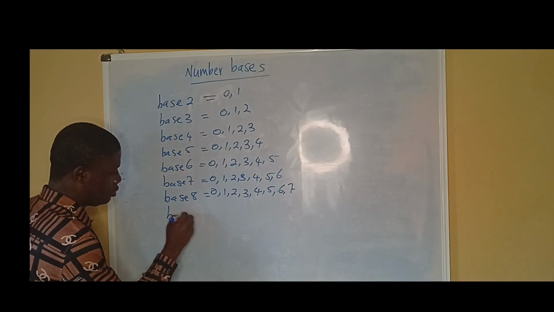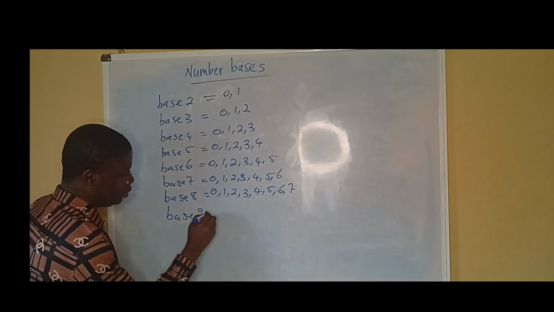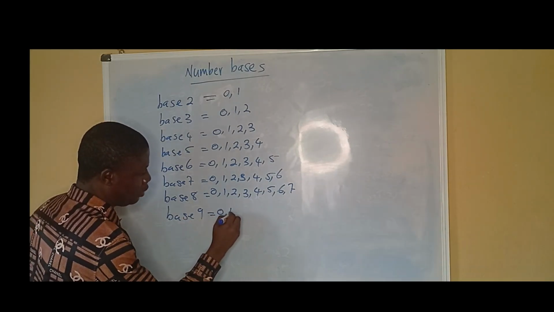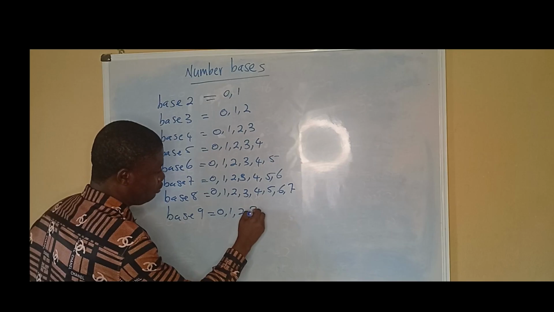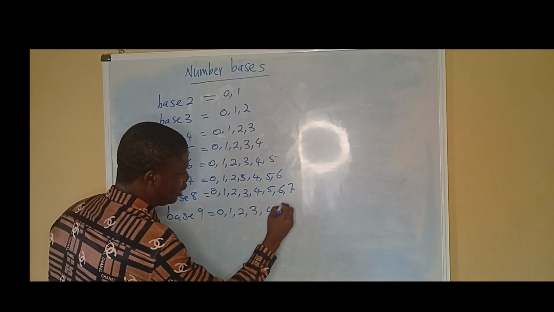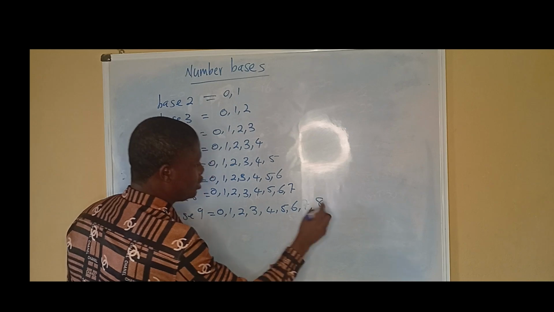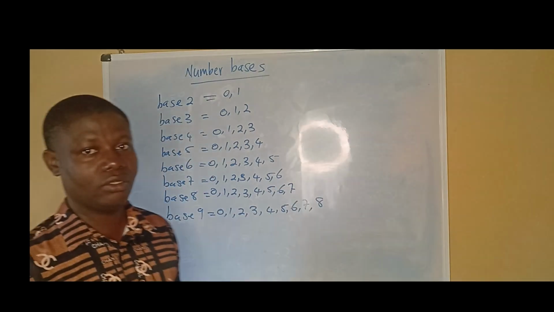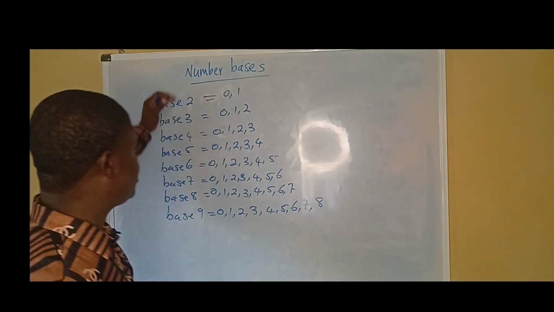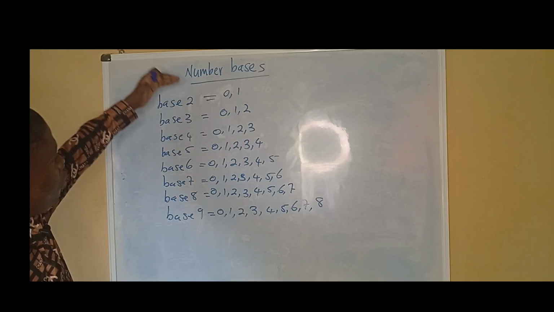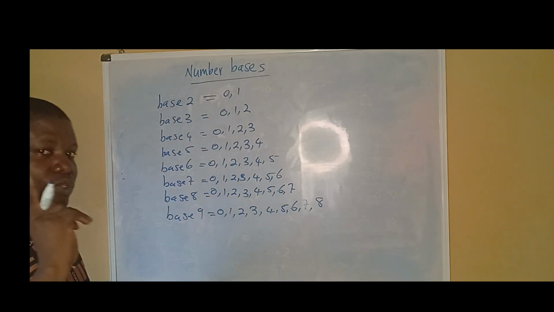Numbers in base 9, you can have 0, 1, 2, 3, 4, 5, 6, 7, 8, but you cannot have 9 or above.